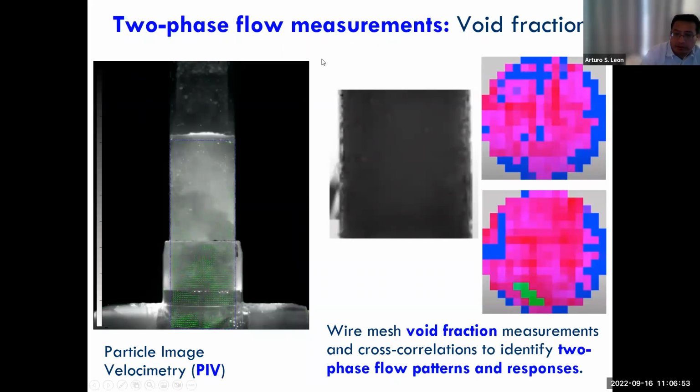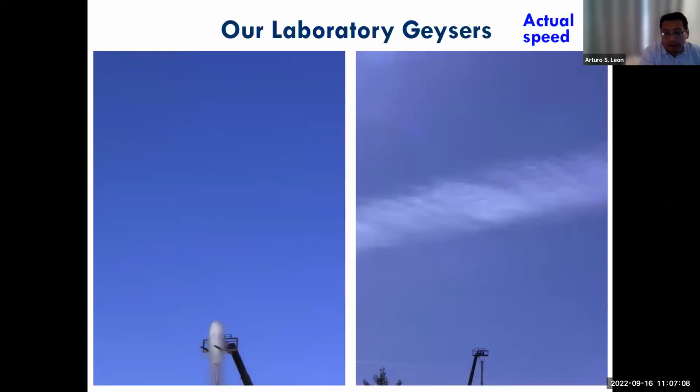We use wire mesh sensors to quantify how much air is in each mesh at various locations in the piping system. These are some videos of geyser experiments we have performed.